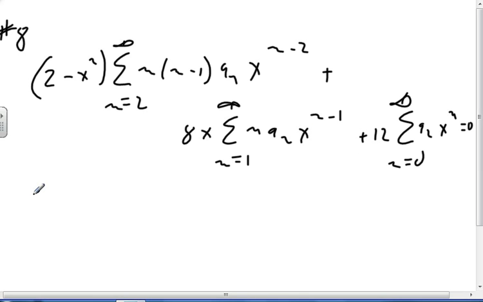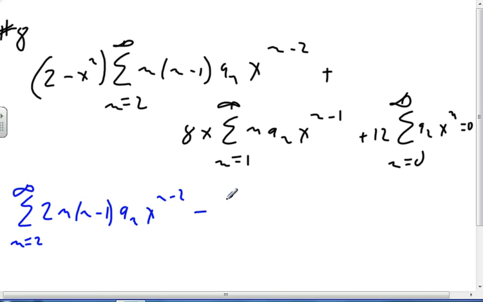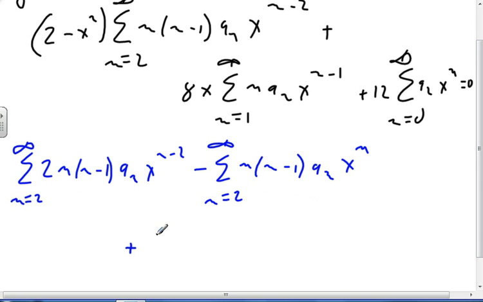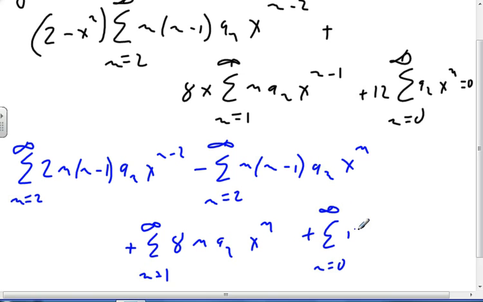All right, so I've got summation 2 to infinity 2 n minus 1 an x to the n minus 2 minus summation n equal to infinity n minus 1 an x to the n plus summation 1 to infinity 8n x to the n plus summation 0 to infinity 12 an x to the n is 0.